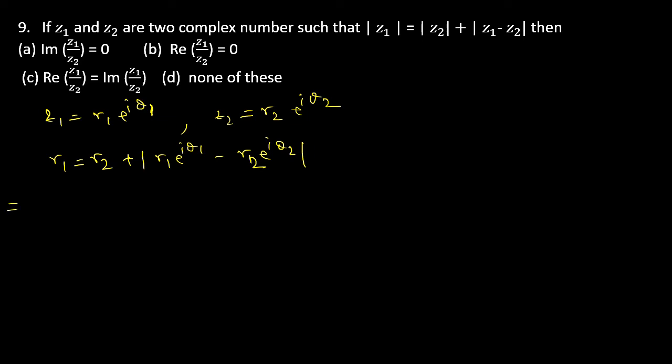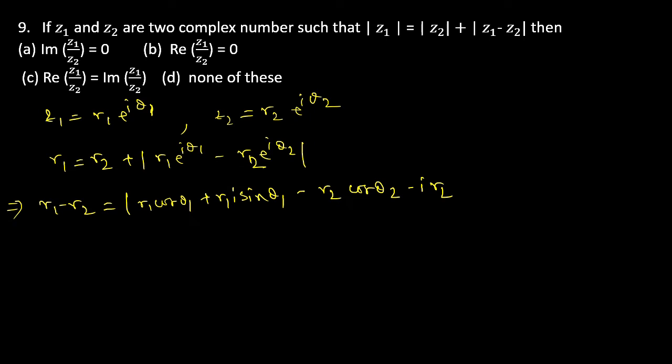Then R1 minus R2 equal to mod of R1 cos theta 1 plus i R1 sin theta 1 minus R2 cos theta 2 minus i R2 sin theta 2.